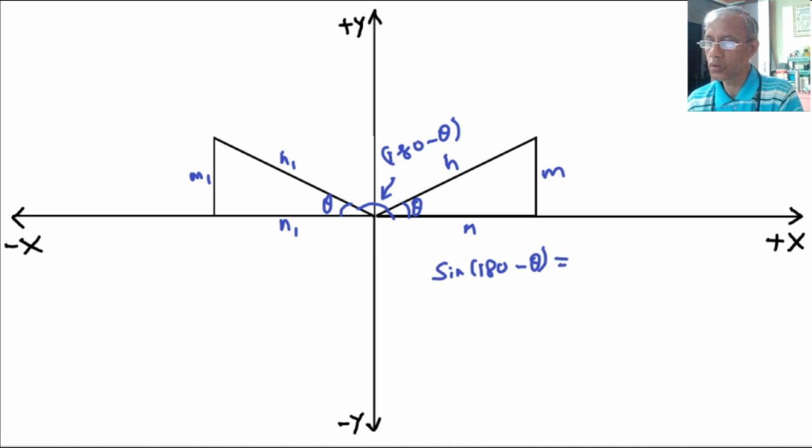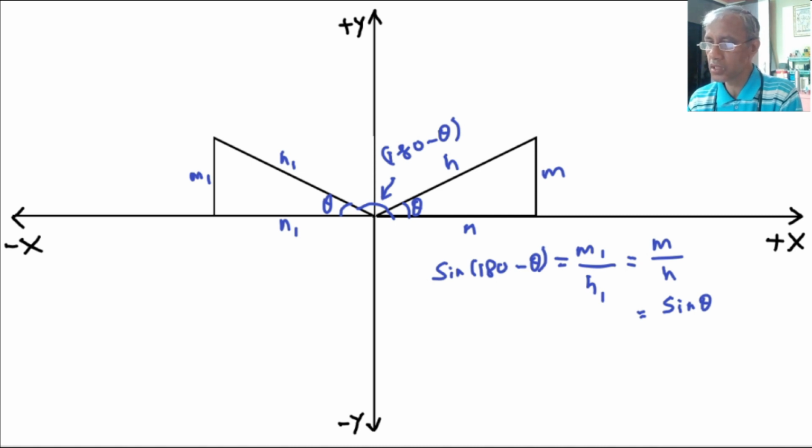That would be equal to M1 upon the hypotenuse H1, which after comparing with the original triangle in the first quadrant, the ratios are similar to M and H. That would be equal to sine theta. Here it can be seen that the sine function remains as the sine function without changing its polarity. That means the sine function does not get changed over to the minus of sine function.